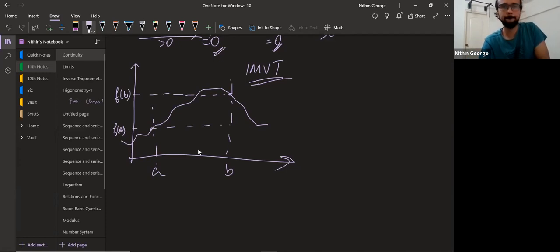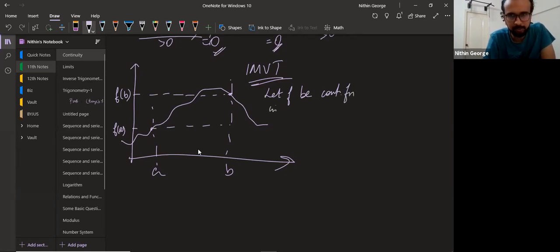Now, the idea is let f be a continuous function, right? Let f be a continuous function in A comma B. All right. Then there exists, this symbol is for there exists, a number C. Okay.